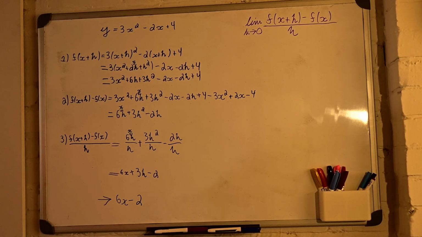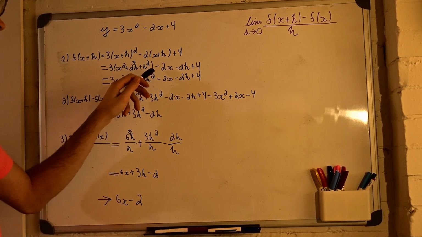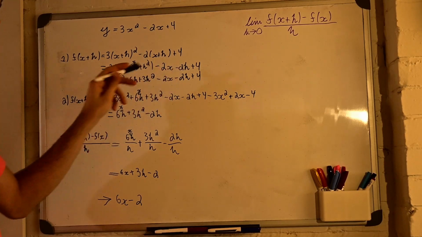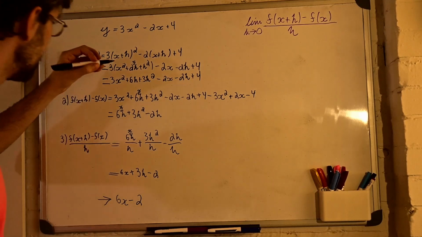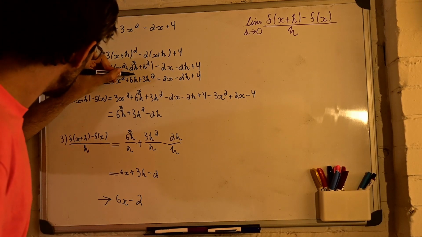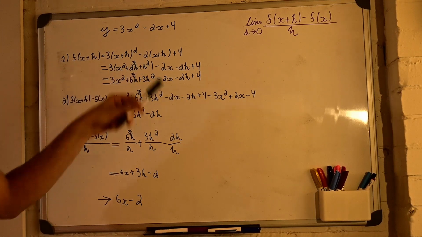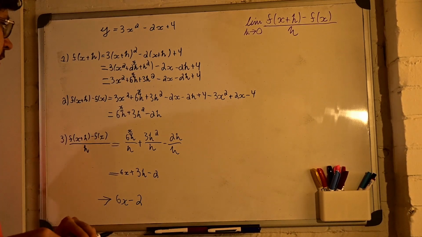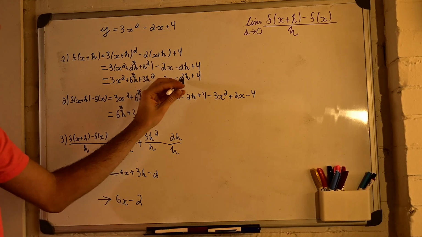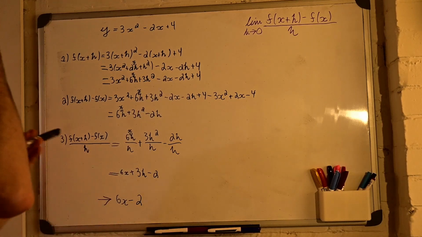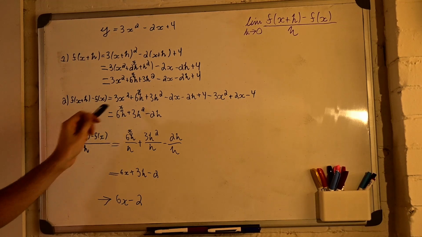So 3 times that gives 3x squared plus 6xh. Oops, that should be 6xh. So right now I'm taking this 3 and expanding it. So 3x squared plus 6xh plus 3h squared minus 2x minus 2h plus 4. So that's step 1.